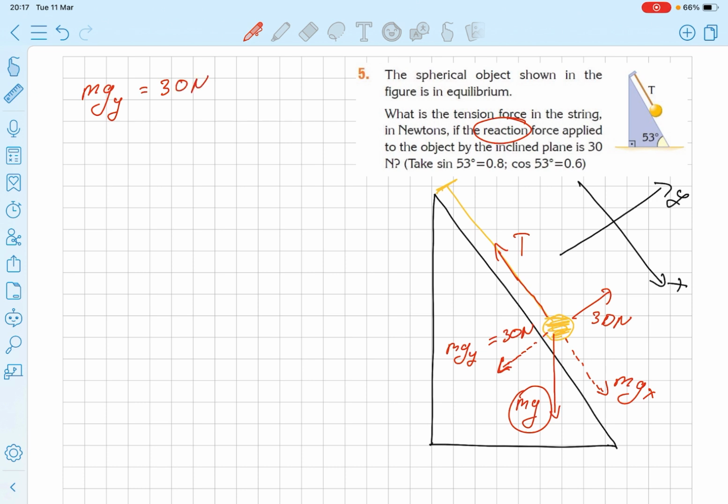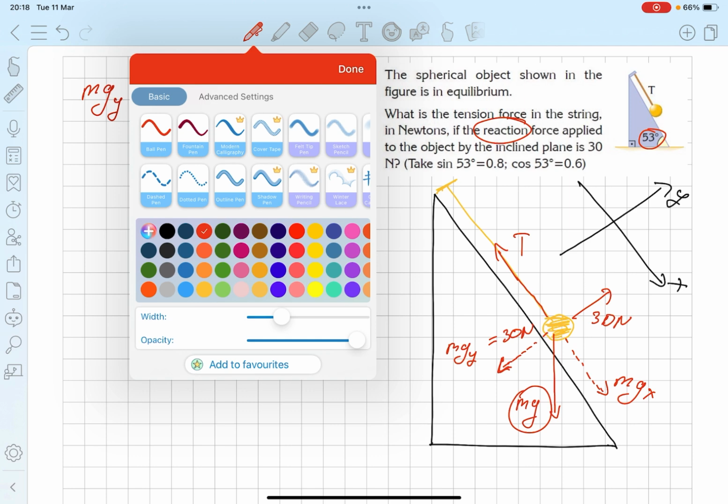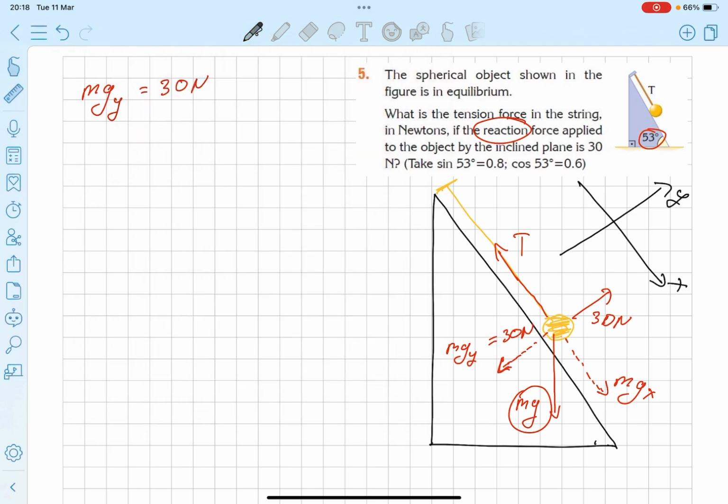So here the next step, what do we do? We can define the weight. Now we can define the weight by using this angle of 53. Let's try to understand. Let's try to draw some triangles. Here it will be 53, this angle.